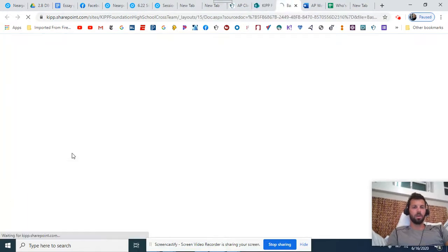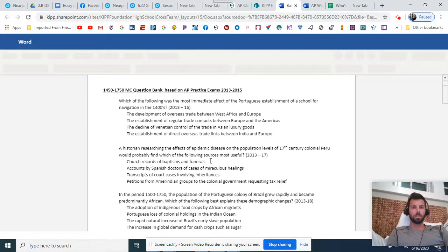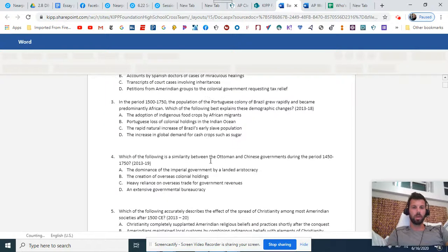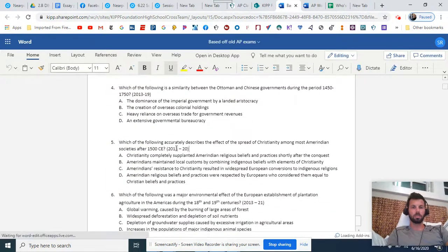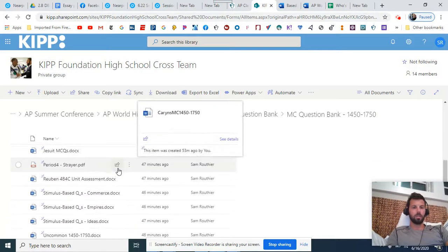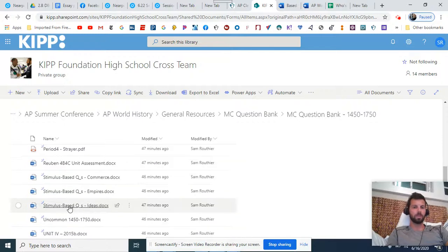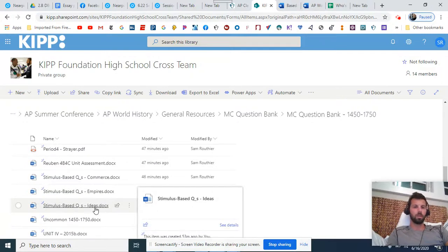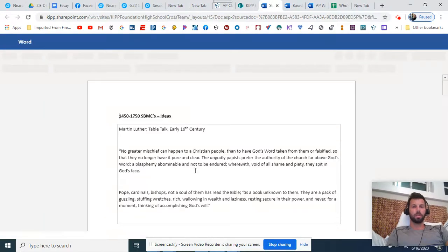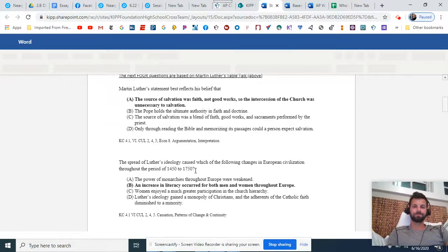And there are those shorter questions like these. Sometimes I use these for a do now. Okay, and this is the AP exam question I got it from. And you can also have stimulus-based questions about commerce, stimulus-based questions about empires, stimulus-based questions about philosophy, for example, in that blue period. And you can click on that and see everything that we've done.